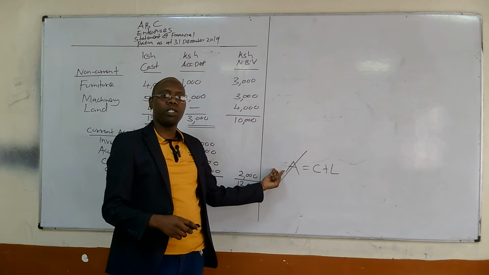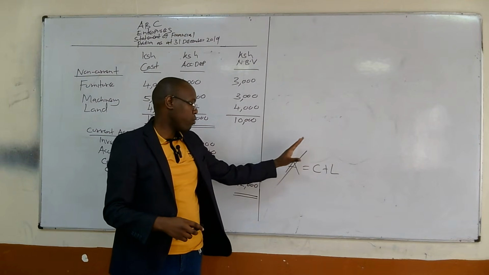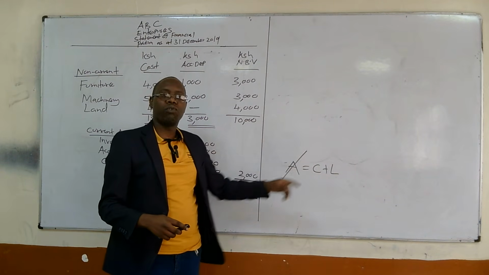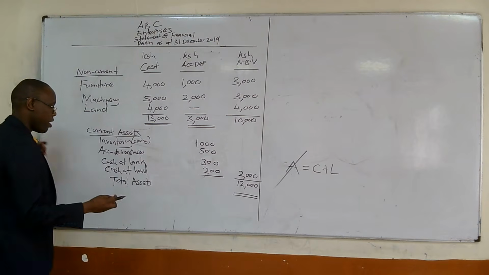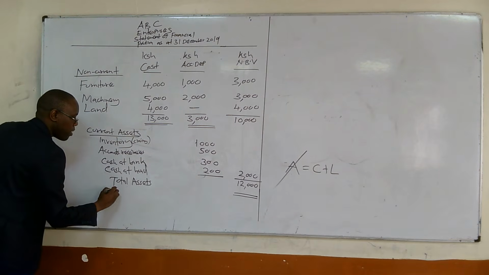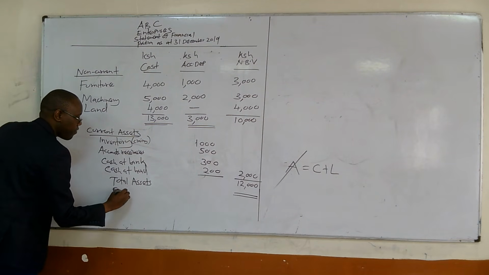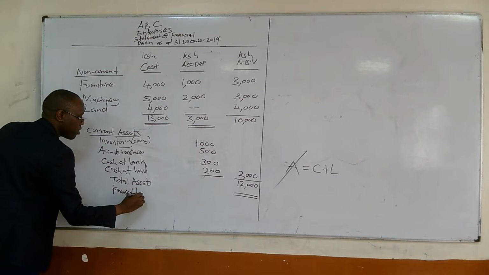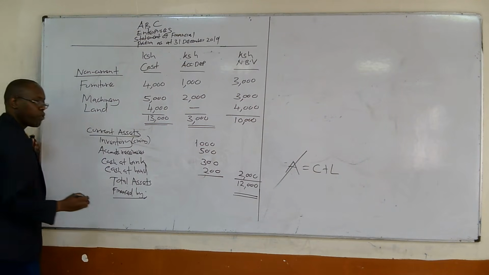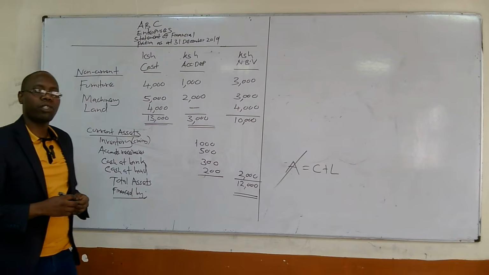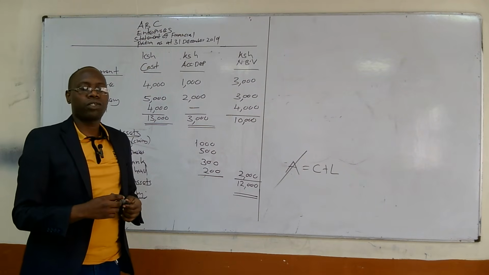So the accounting equation is the one that is going to guide you. We are done with assets. Now you go to capital. You are going to write below here, financed by. So you want to be able to know what finances this particular total assets.